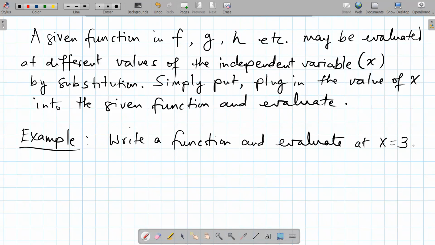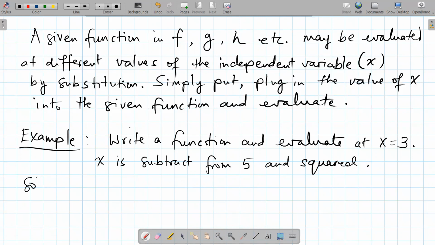And when it says write, it's giving you this: x is subtracted from 5, and squared. Okay, so that is the question.